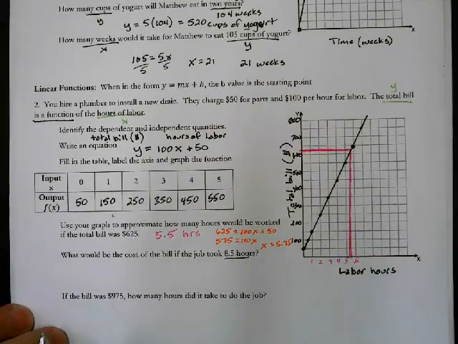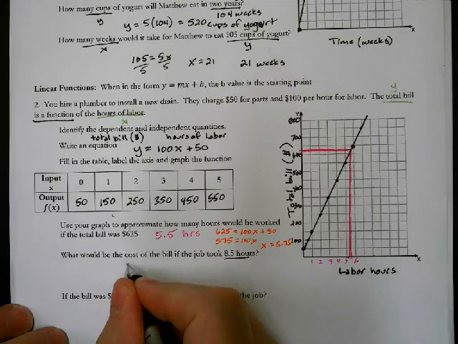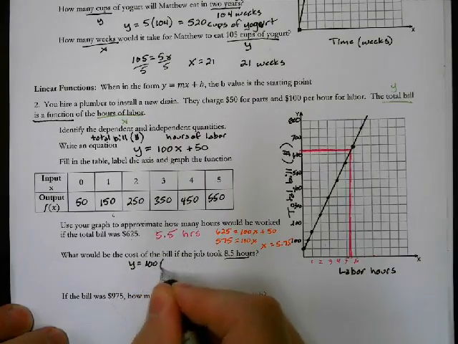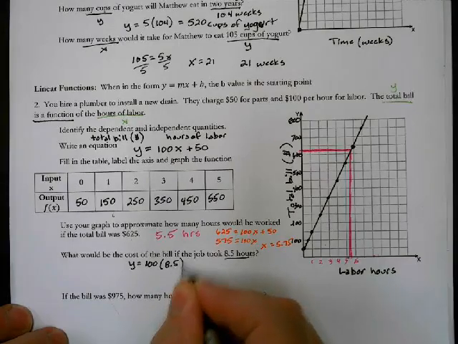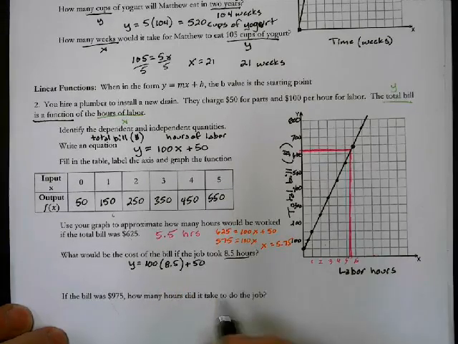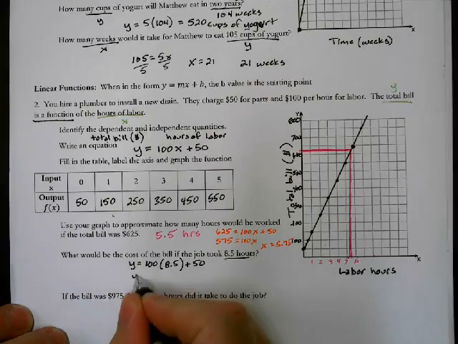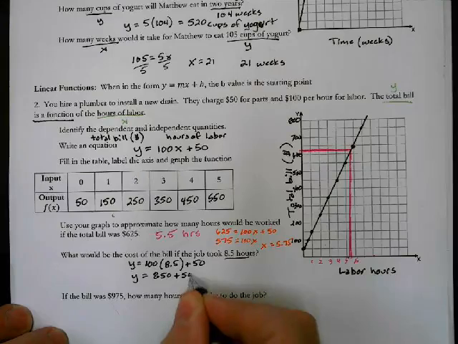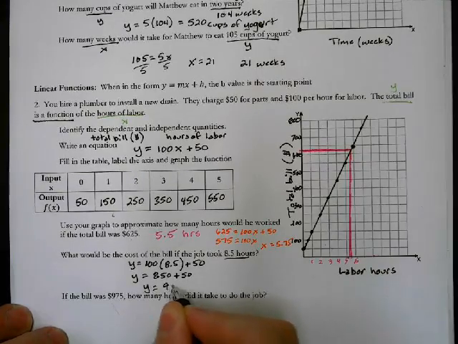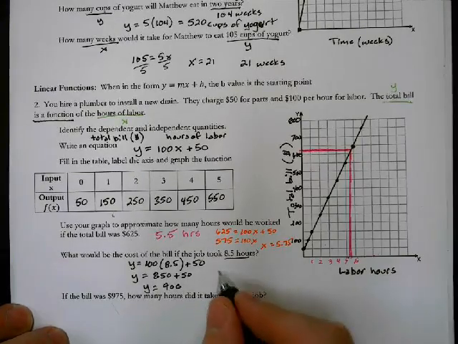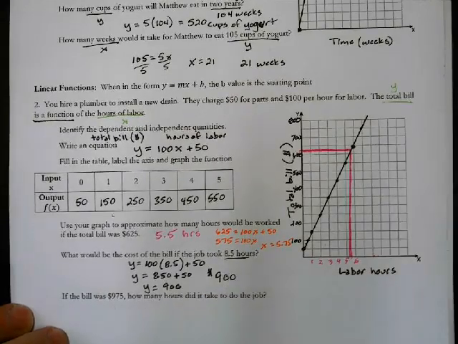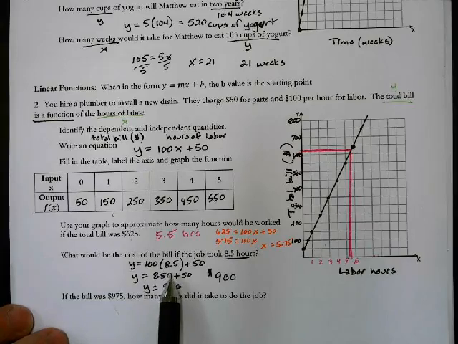So y is equal to 100 times 8.5 plus 50. So here we get y equals 850 plus 50. It looks like we have a $900 bill. So the bill would be $900. So we plug in 8.5 times 100, that's 850, and then plus the $50 for the parts.